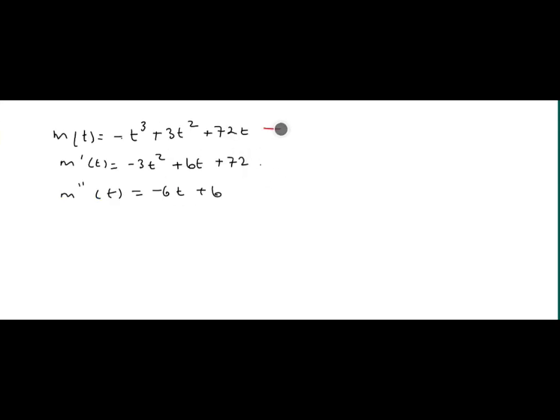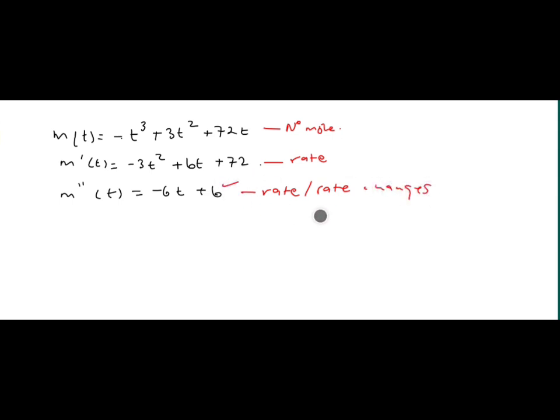This is the equation that describes the number of molecules. This one describes the rate at which these molecules are changing. And this is the rate of the rate, the rate at which the rate changes.